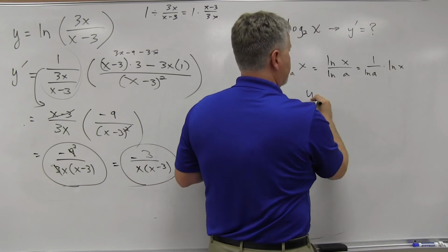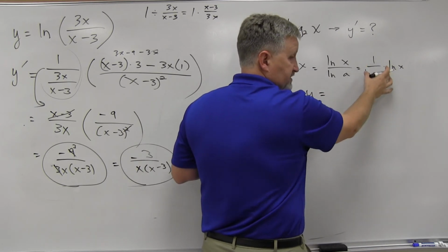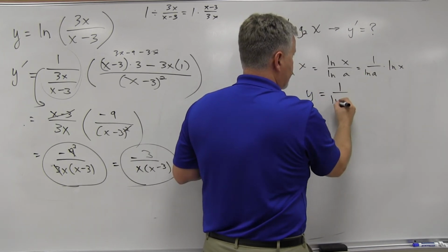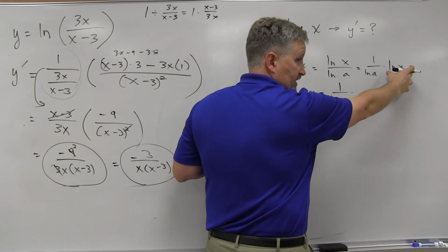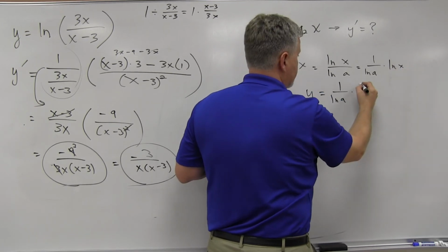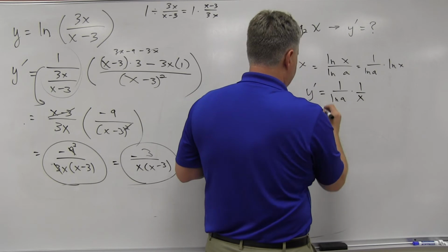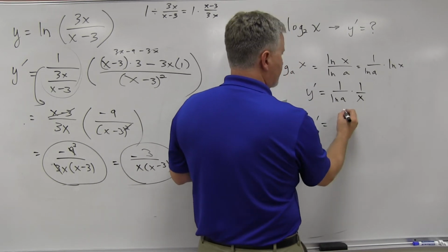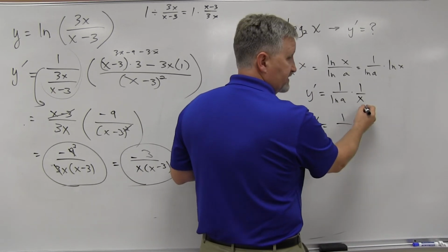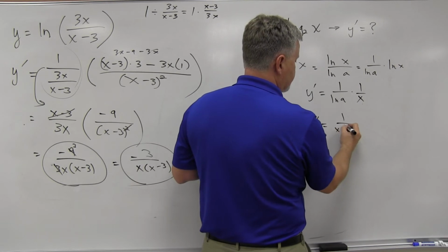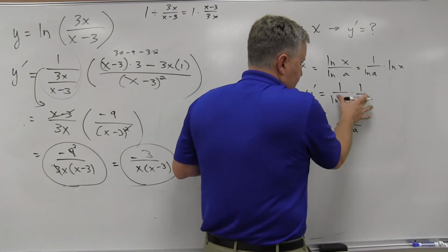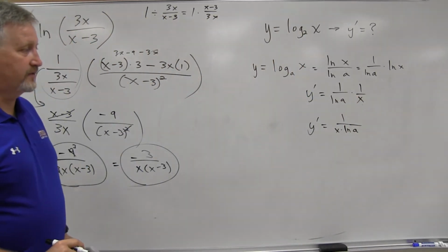What's the derivative? Well, you take that number, 1 over ln of a, times the derivative of the ln of x, 1 over x. So the derivative is 1 over ln of a times x. Usually you write it as 1 over x times ln of a, so you don't get confused what's in the ln and what's not.